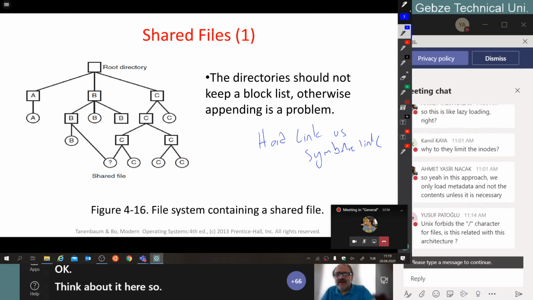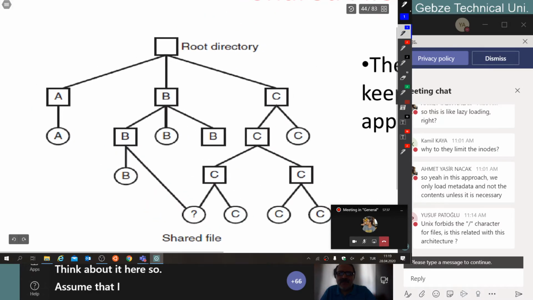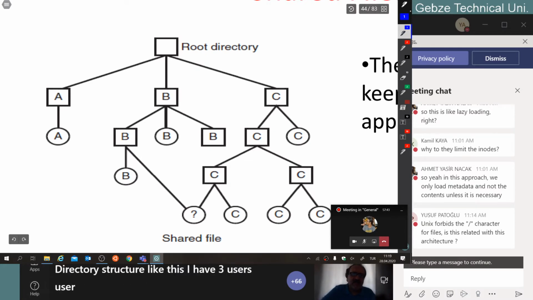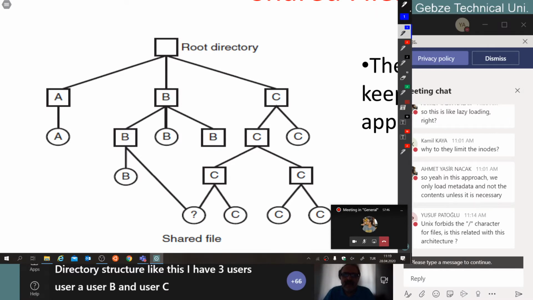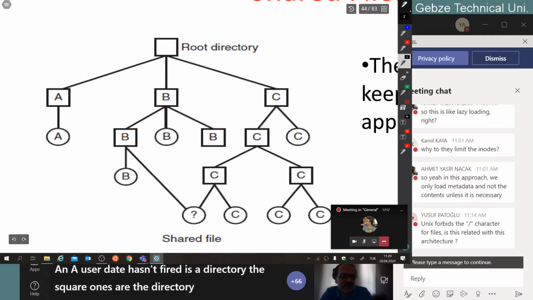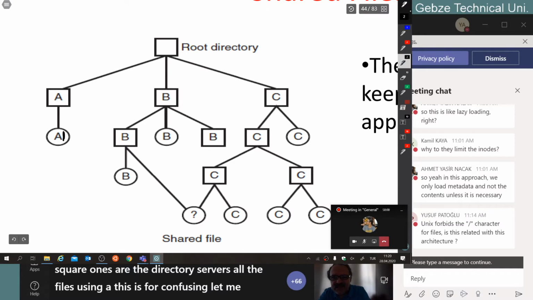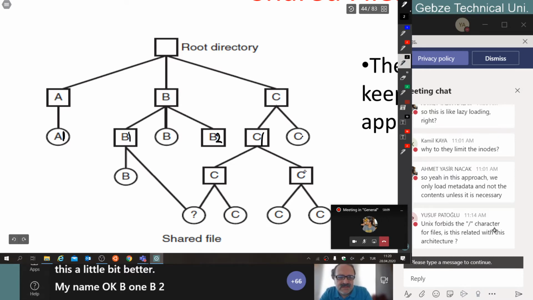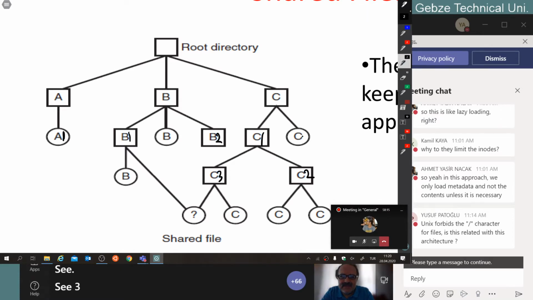So, assume that I have a directory structure like this. I have three users, user A, user B, and user C. And user A has a file. These are directories, the square ones are the directories, circles are the files. This is so confusing, let me make this a little bit better. A1 is the file name, B1, B2, C1, C2, C3, these are the directory names.